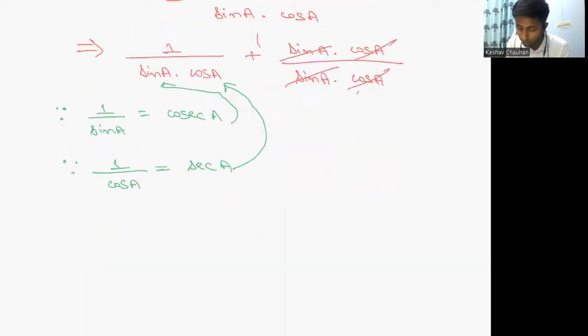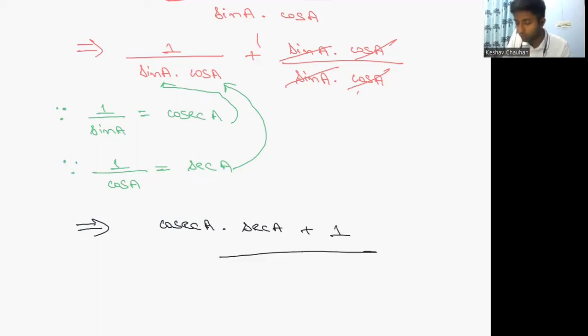And what we'll get in the final step: cosec A into sec A plus 1. Friends, we cannot solve LHS further.